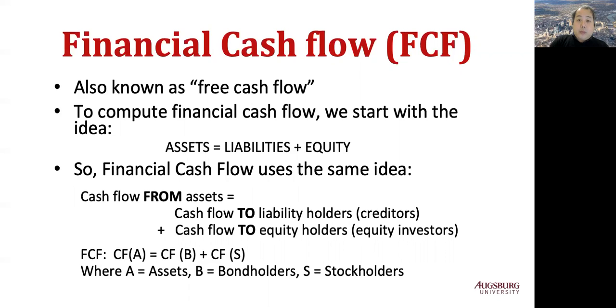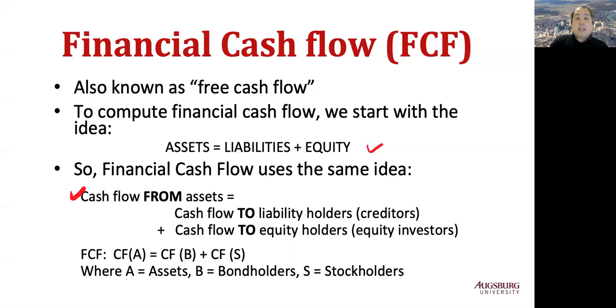To start with, to calculate free cash flow, we start with the identity rule in accounting. As we all know, asset equals liability plus equity. From these identity rules, we should have cash flow from assets.